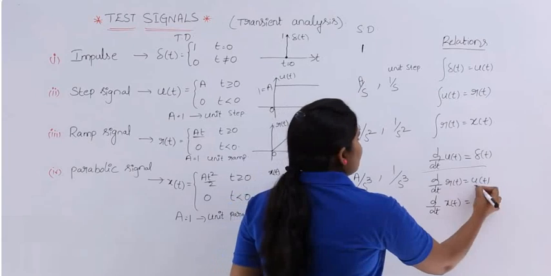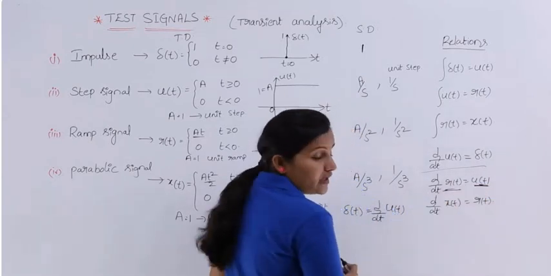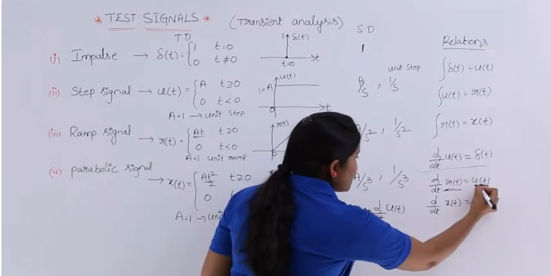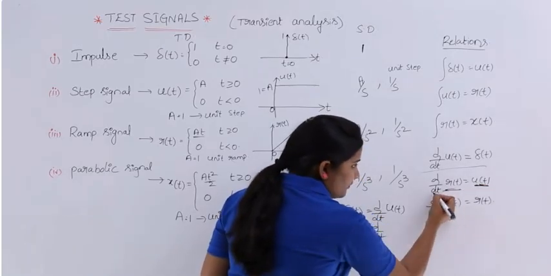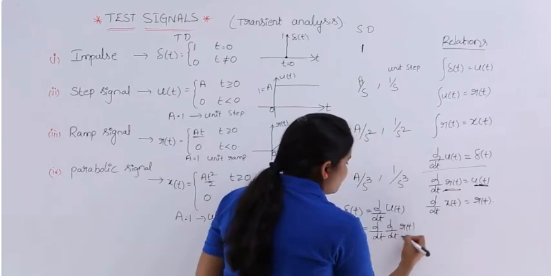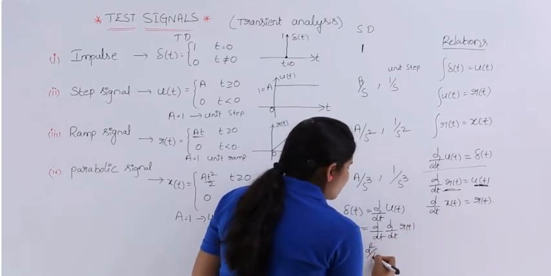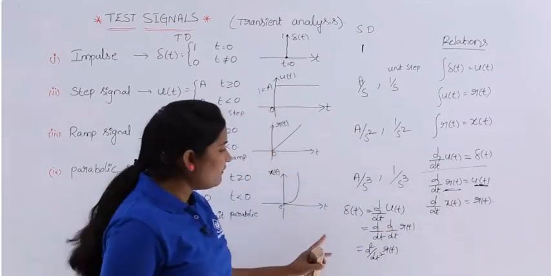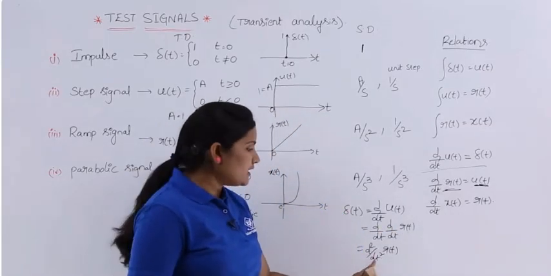But we know that u of t is d by dt of r of t, so I replace u of t with d by dt of r of t. So d square by dt square of r of t is the relation between del of t and r of t.